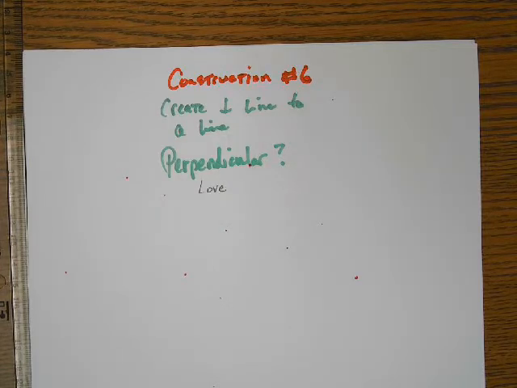Okay, perpendicular is a little bit like that, in that it's hard to define. We're going to do our best here, give you a working understanding of what perpendicular means.